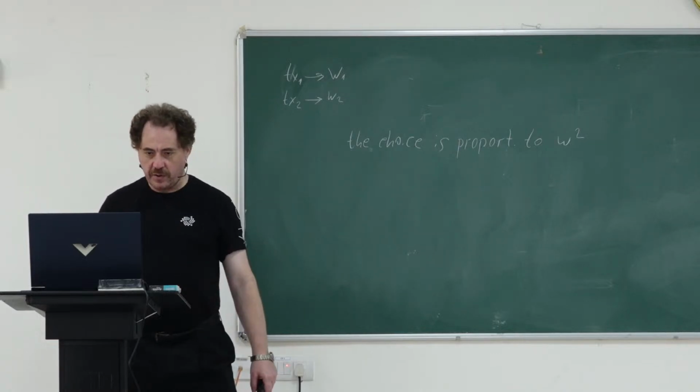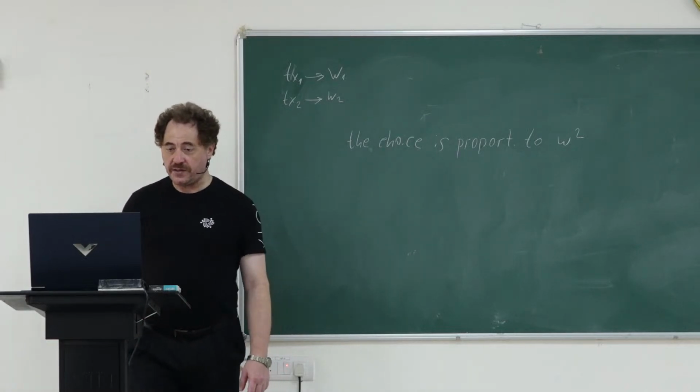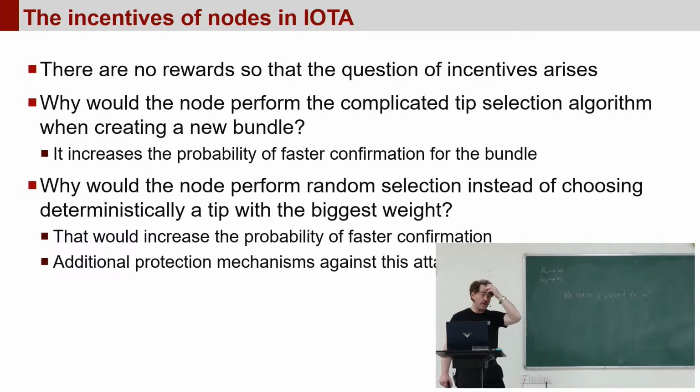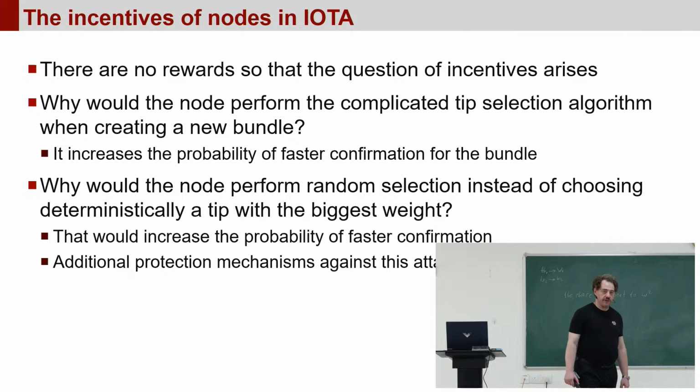Another question we may want to ask is about the incentives of nodes in IOTA. There are no rewards, as mentioned, for mining. There are no transaction fees. So the question of incentive arises. Why would the nodes do what they are supposed to do? Why would the nodes correctly follow the algorithms?